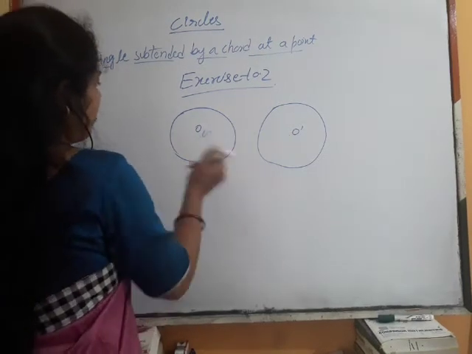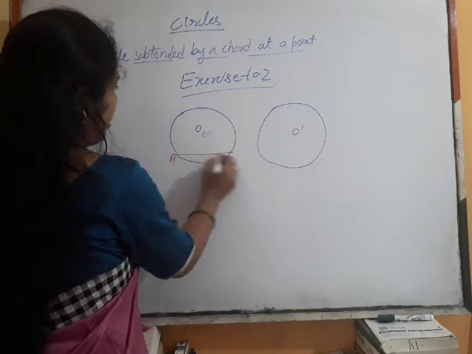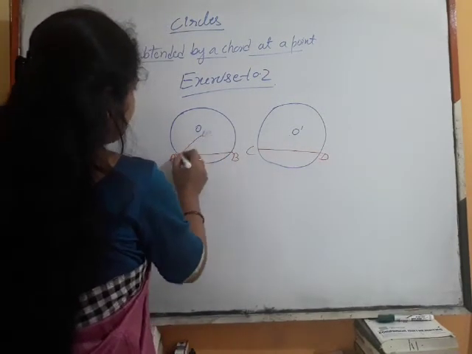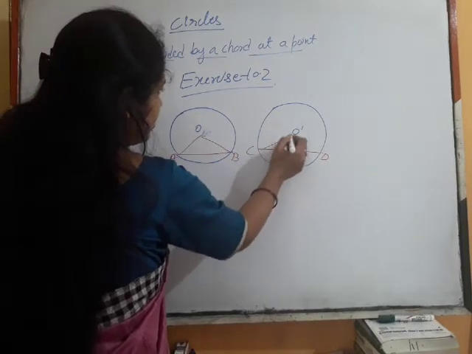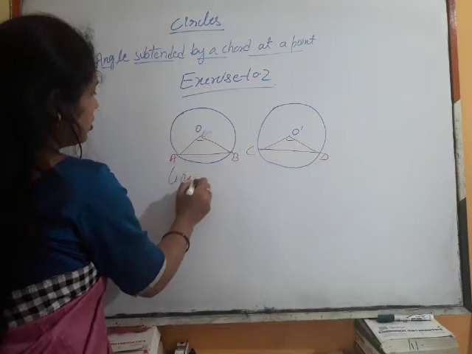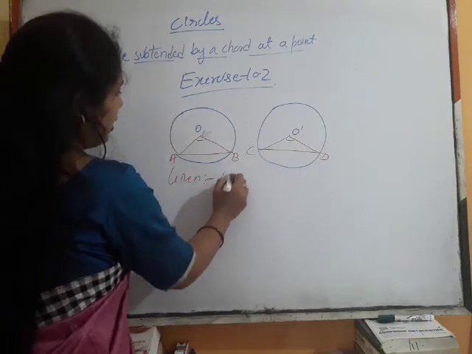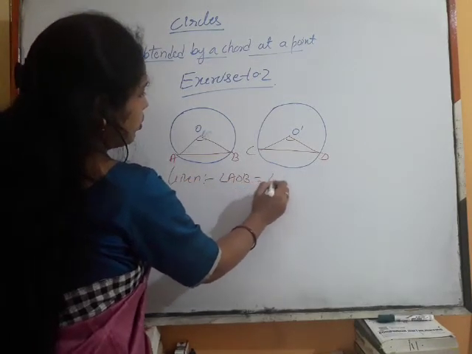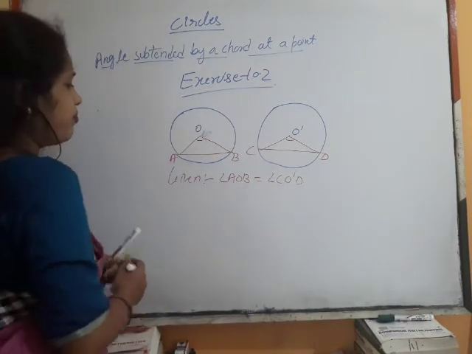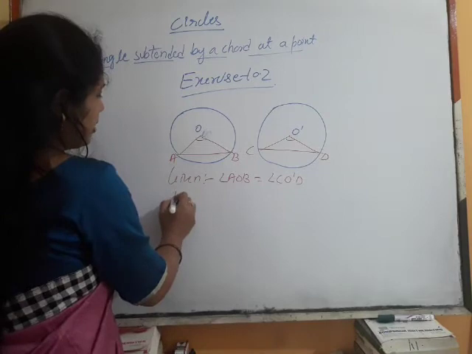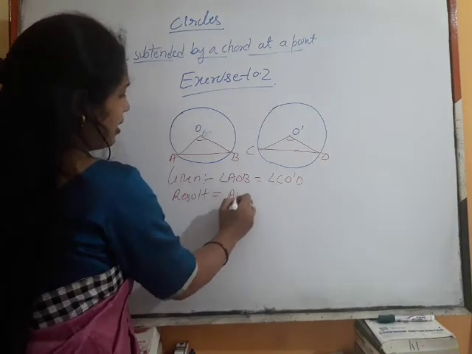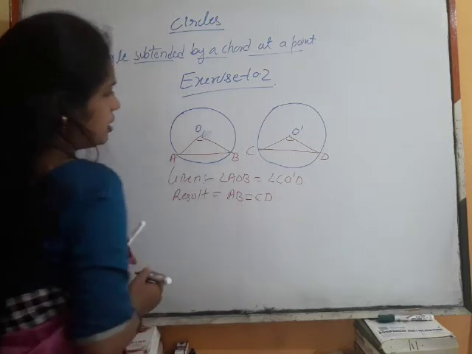Now if we have two chords AB and CD, and they are subtending angle at the center, it is given angle AOB is equal to angle CO dash D. So definitely the result will be AB is equal to CD.